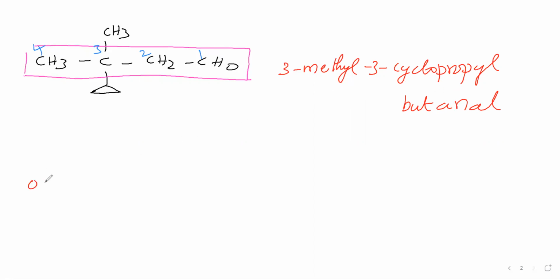Next compound we will take, O double bond. Here there is one functional group aldehyde and one functional group carboxylic acid. For this, we will see how to say the name. Here first we will select the parent.